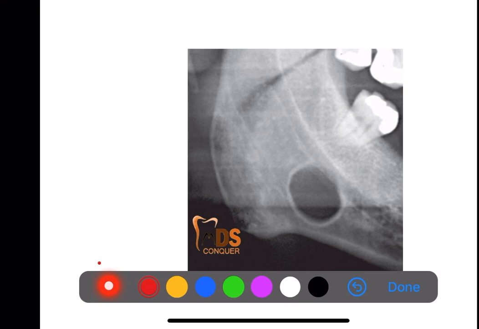Next, coming to the abnormality here. If this radiograph is given to you and they ask you to identify what it could be, there is a simple radiolucent lesion surrounded by a radiopaque border, right? It seems to be something abnormal, but actually it is a developmental salivary gland defect.